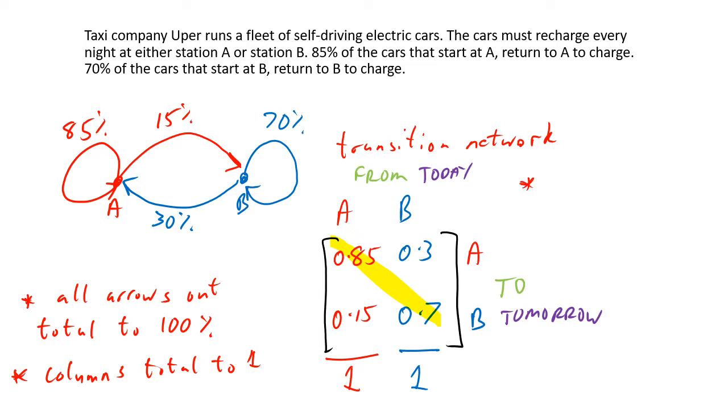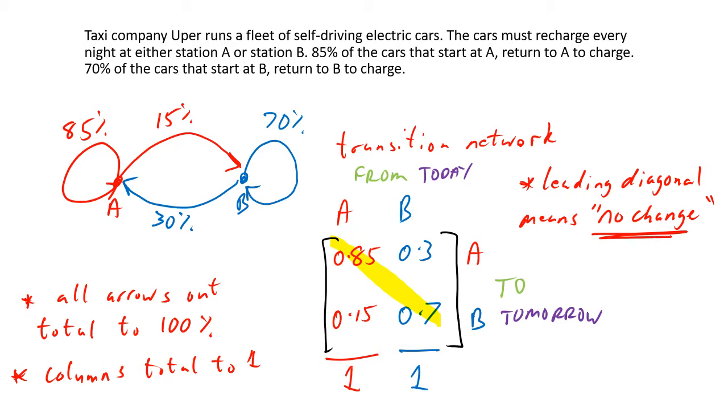So that's A to A and B to B. So please pay attention to whenever you see that as a code word. If it says there has been no change, what does this represent? You go, oh, it represents no change if it's on the leading diagonal.